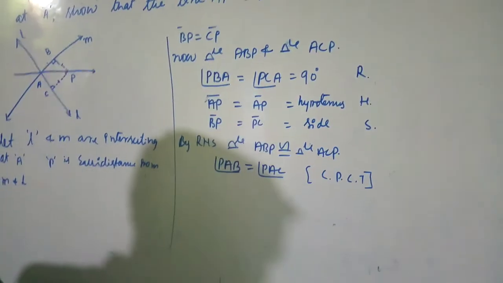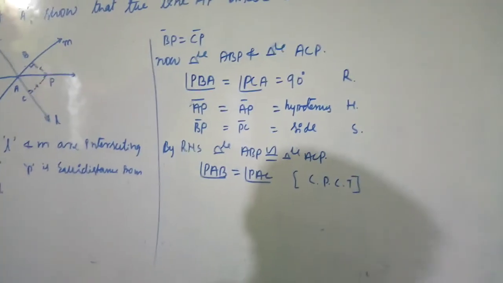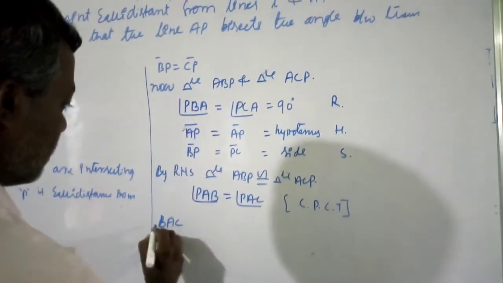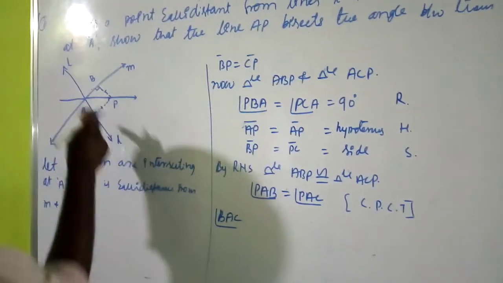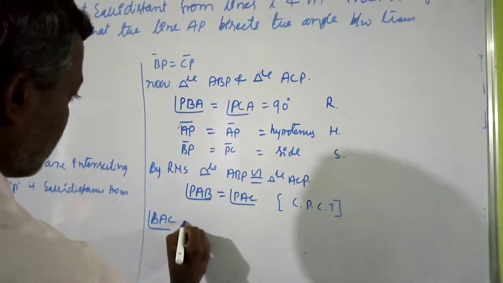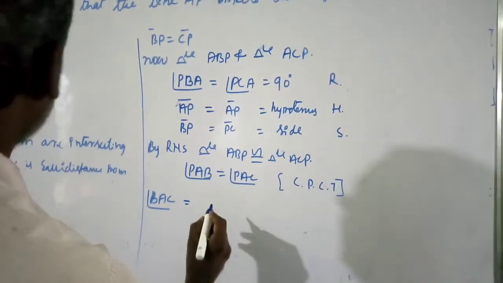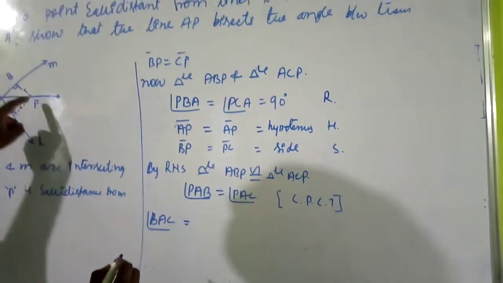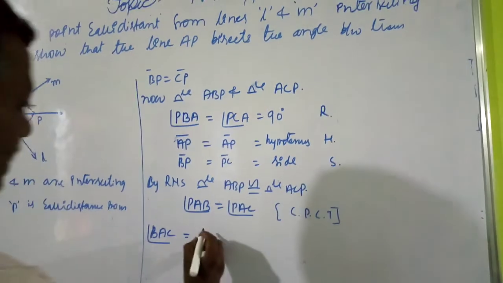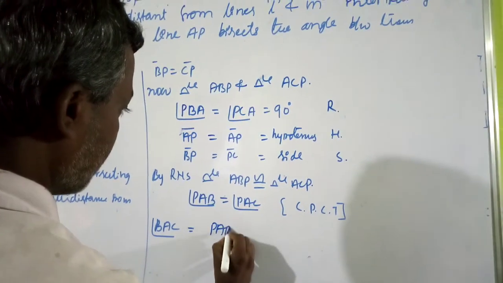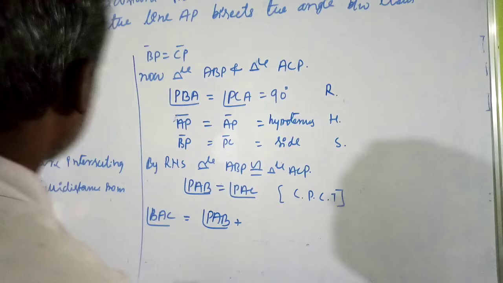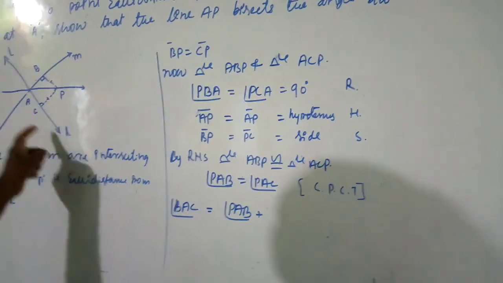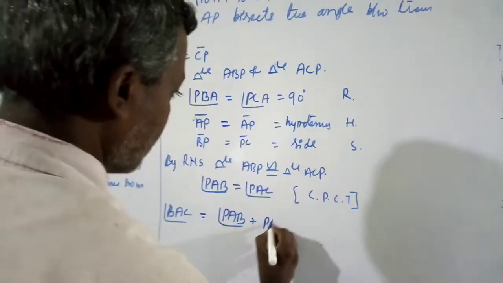Next, angle BAC is equal to angle PAB plus angle PAC.